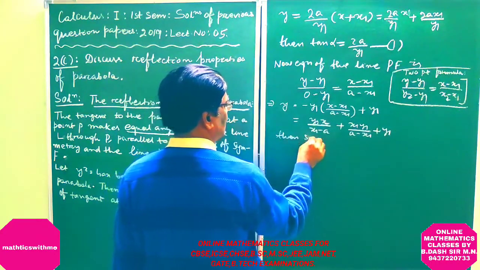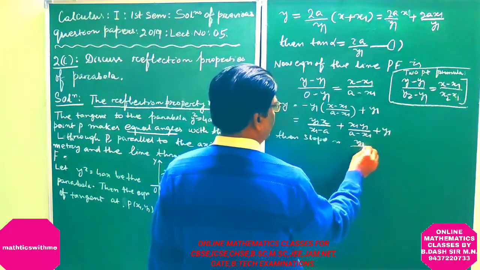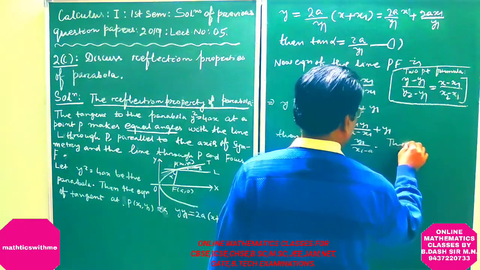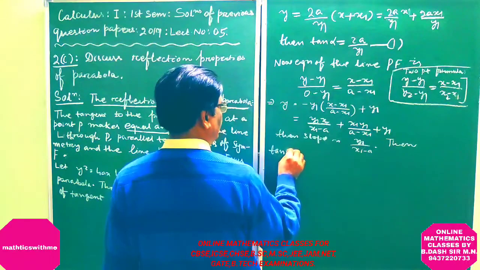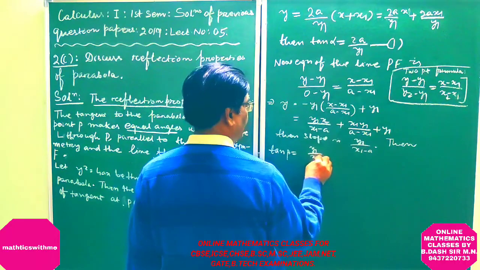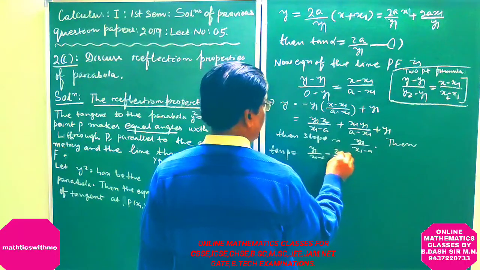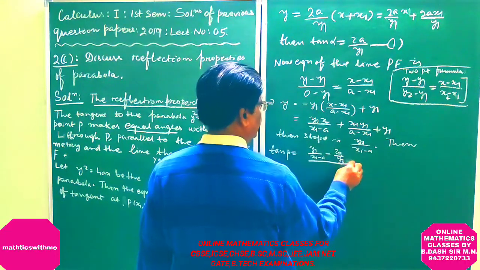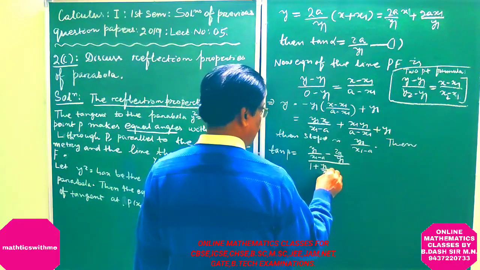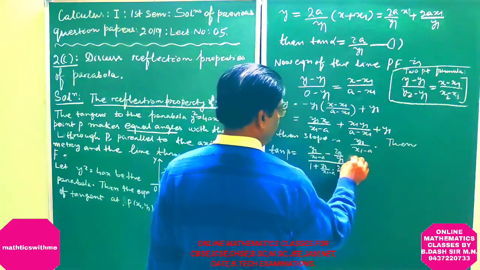Then the slope is y1 by x1 minus a. Then tan beta is equal to y1 by x1 minus a minus 2a by y1, divided by 1 plus y1 by x1 minus a into 2a by y1.